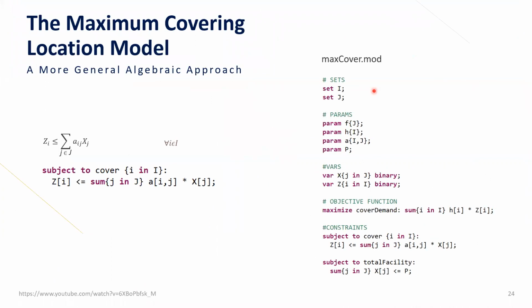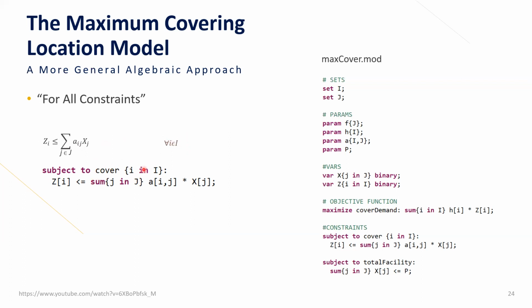Okay, first about the for all constraint here. How do we address for all constraint in the model? As you can see here, it's a constraint, so you need to write subject to, and then here is the name of the constraint, and then you need to write the for all after the name of the constraint.